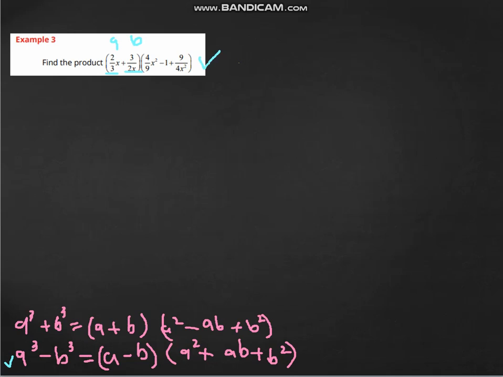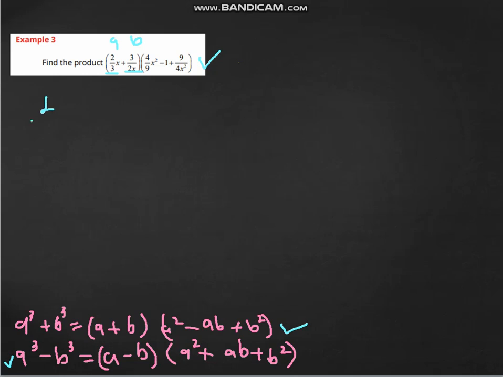Well, I see that the first formula right here has that kind of formulation. So let's do that. a cubed plus b cubed, right? Let's see if this fits the formula or not.